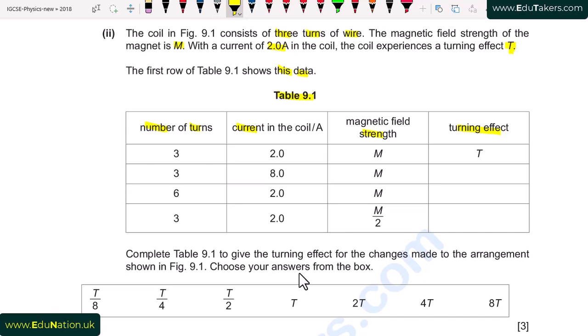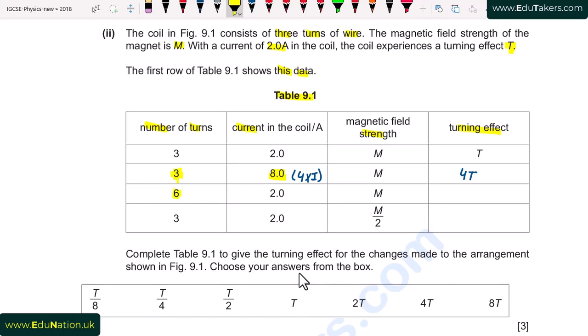So we compare the second one with the first. Here number of turns is 3, which remains the same, but current is 8 ampere. It means that we have increased current by 4 times, and magnetic field strength remains the same, so the turning effect will be 4 times. I write here 4T. Now compare the third one.